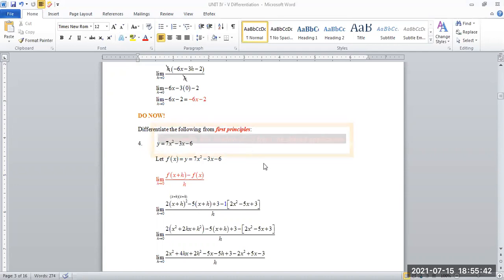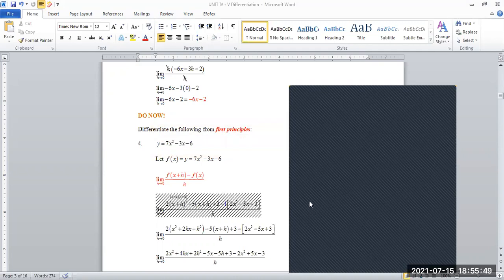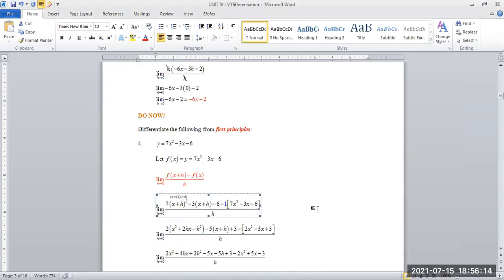So it's now 7x squared minus 3x minus 6. Look at my first line.